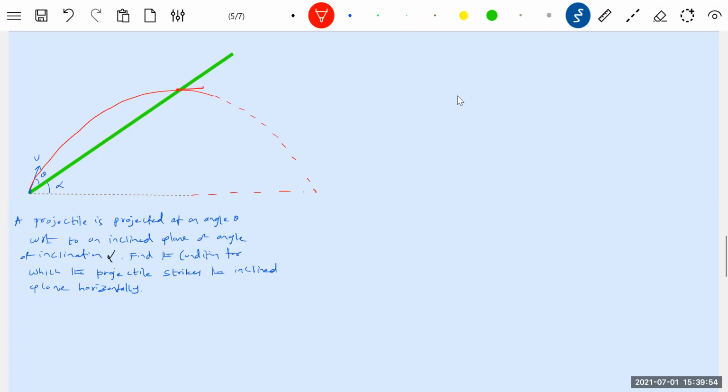It should strike somewhere here. I completed the trajectory so that it will be easy for you. It strikes the inclined plane such that its velocity vector is horizontal. He's asking for that condition. Get into problem solving. Yesterday we did the normal case, so a similar method is what we should try here.